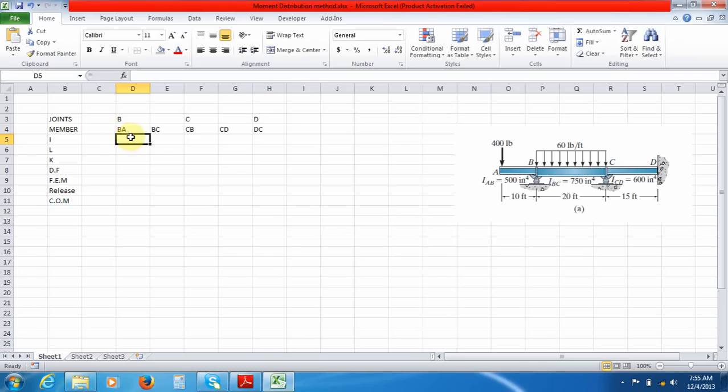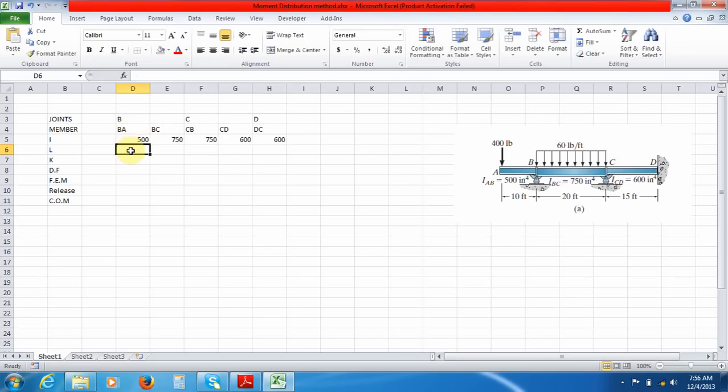Okay. Now we are already given I values: IAB, IBA, which are 500. For BC it's 750. For CB it's similarly 750. For CD it's 600. For DC it's also 600.